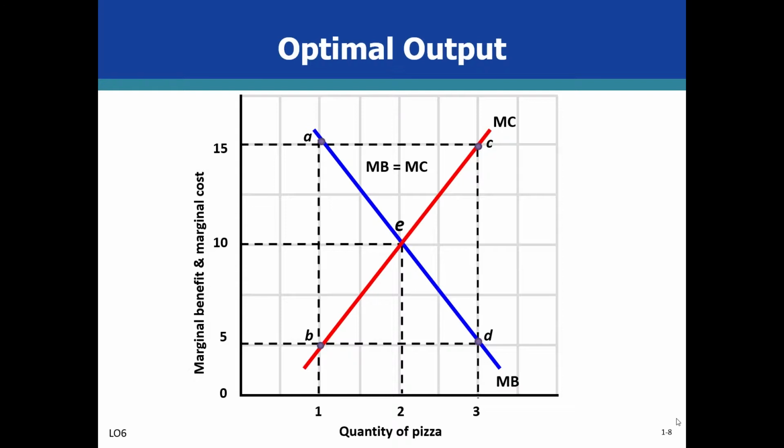At the equilibrium point E, the intersection of the two curves, society's demand for pizza and industrial robots is in balance. In this particular example, the optimal output, point E, says that society would like 10 robots and 2 pizzas.